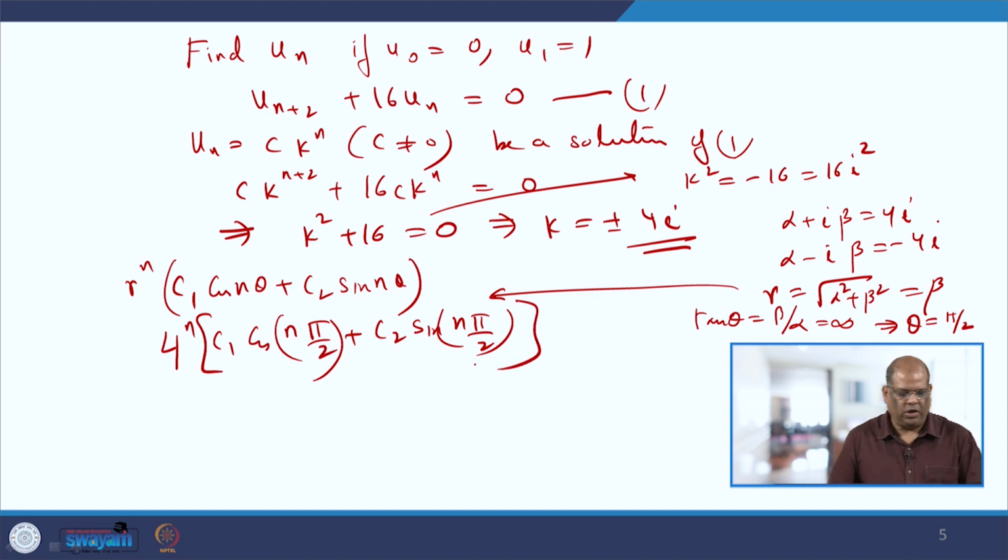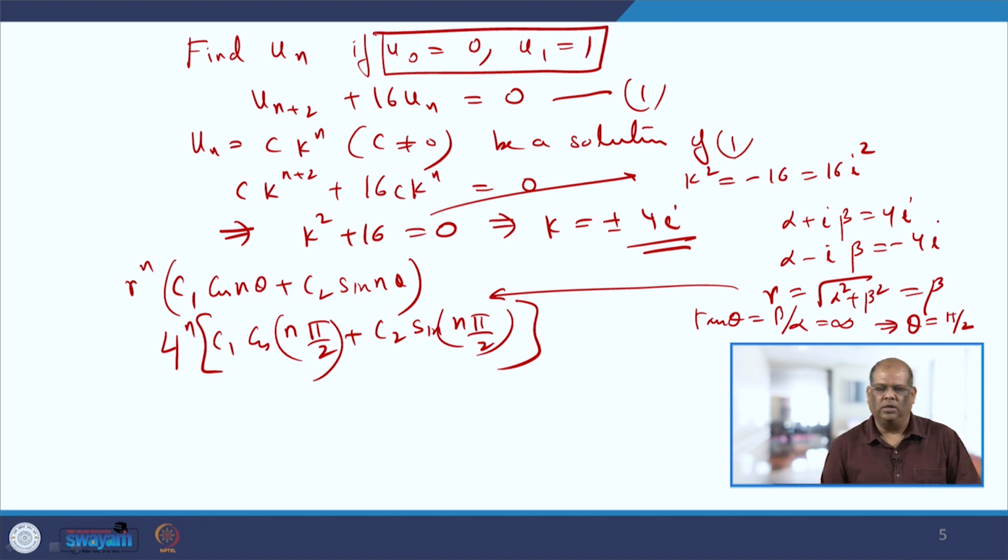So, this is the general solution, but we have been given two conditions, that is u0 equal to 0 and u1 equal to 1. If we use this, this is your un. So, u0, that is n is 0. If n becomes 0, then this value is 1 C1, because cos 0 is 1, sin 0 is 0, and this value is 0, which implies your C1 is equal to 0.